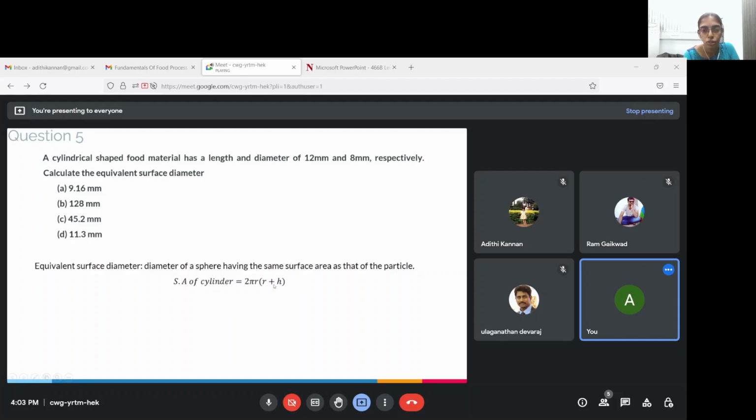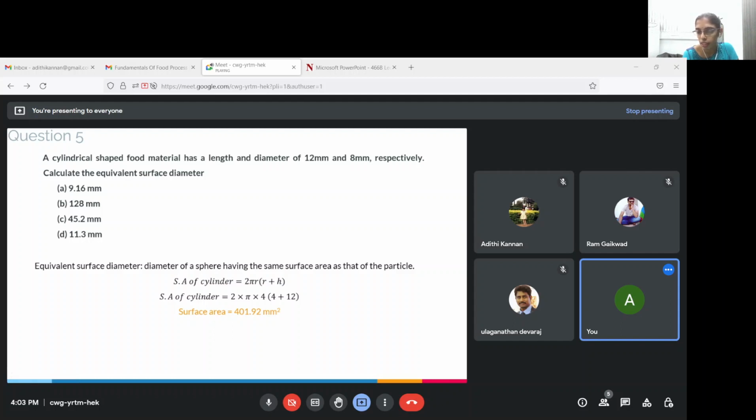So when you substitute the values of R and H, R as 4 millimeters and H as 12 millimeters, the surface area of the cylinder that we will be getting is 2 pi into 4 into (4 plus 12), which is 401.92 millimeters square.